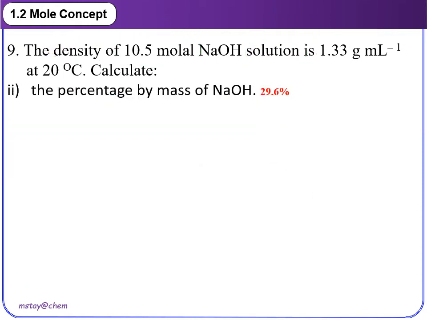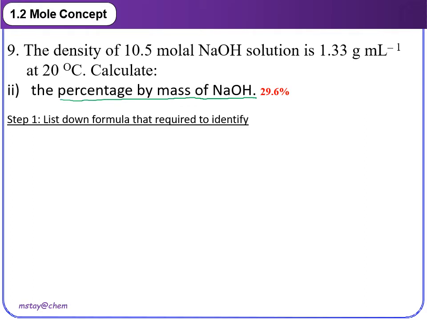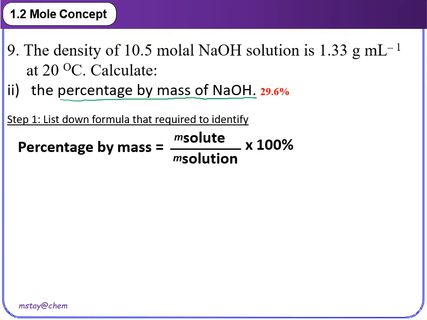Okay, the second part of question number 9 asks us to identify the percentage by mass of NaOH. As usual, you need to list down the formula, which is mass of solute, in this case NaOH, over mass of solution, in this case NaOH and water, multiplied by 100%.